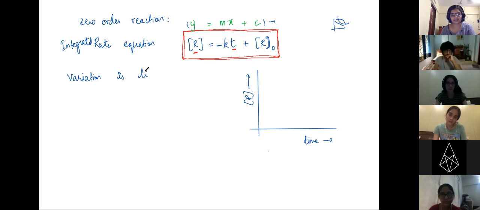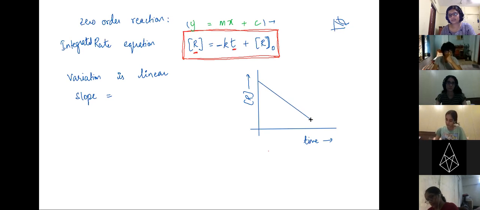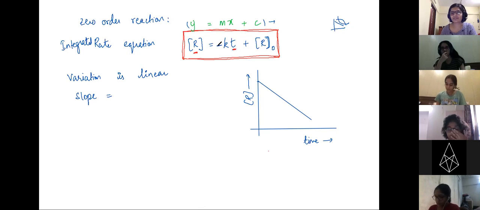So variation is linear, and so a linear graph will form in which slope is negative, so it's going to be like this. So slope, can you find what is the value of slope? Minus K. Yes. So Jasmine, be careful. You don't forget the minus sign here. So slope equal to minus K. Negative slope, it is decreasing with respect to time.